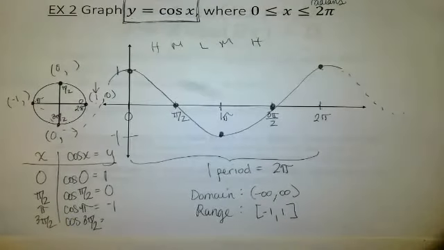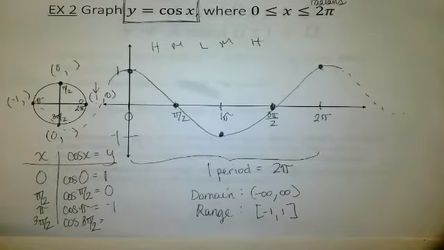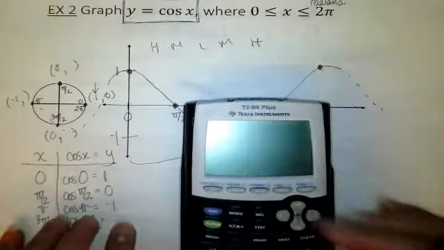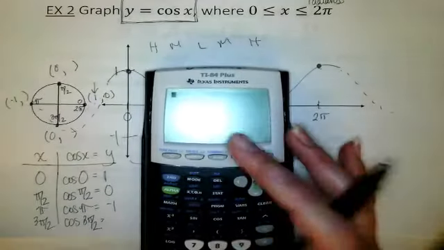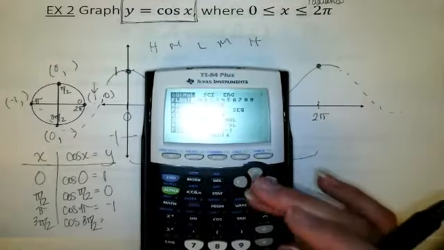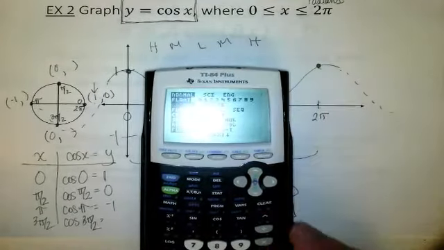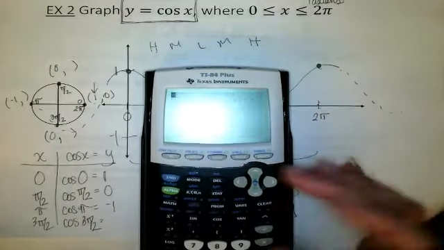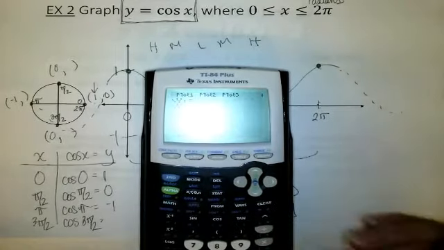I want you to graph this on your calculator. First thing you want to do is make sure that you're in radian mode. So I'm going to go to mode and make sure I'm in radians. And then we're going to go to our graphing menu, y equals.